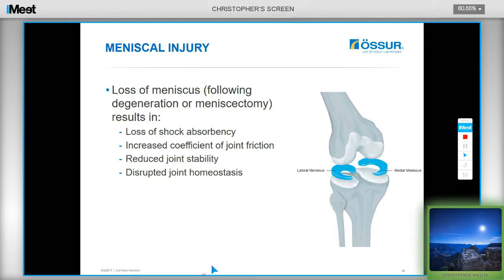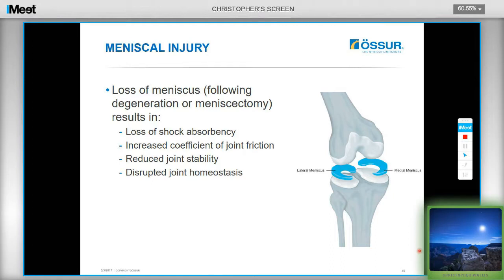So what we know is that loss of meniscus, and that can be following degeneration of the structure or removal via surgery, results in loss of shock absorbency. It results in increased coefficient of joint friction. So that sponge analogy is being lost. We've got reduced joint stability.